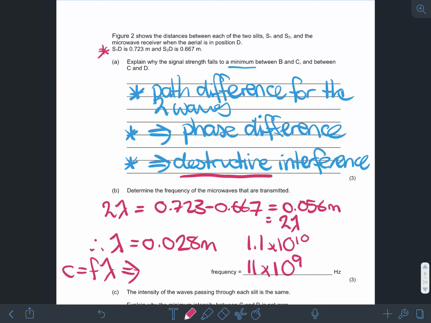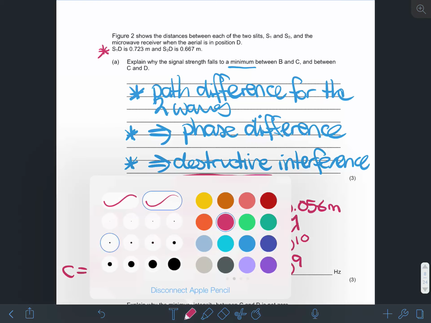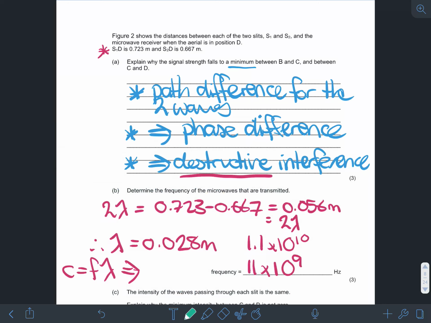In the mark scheme, it says 11 times 10 to the 9 for some reason. So that's it, simple as that. I think the tricky thing here was spotting the fact that it's 2 lambda.